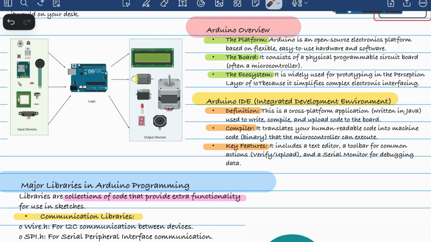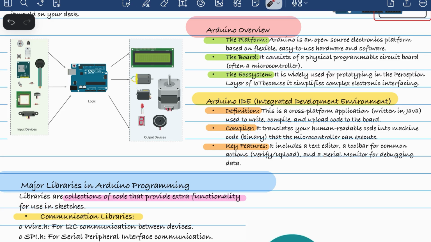We already have an overview of Arduino, that it is an open source electronics platform based on flexible and easy to use hardware and software. There is a board, whose hardware components we have discussed in detail, and then there is the Arduino ecosystem. So remember, Arduino is an open source platform and it uses easy to use hardware and software.